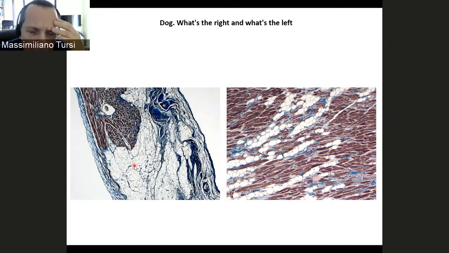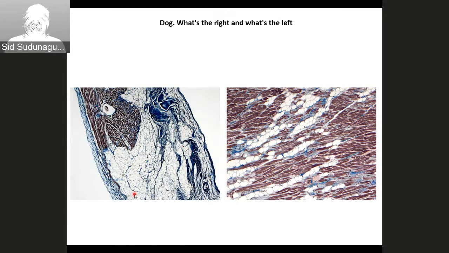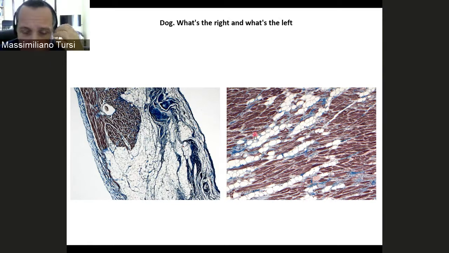It is not like the picture on the left side, of course. Do you mean the orientation is different? Not the orientation, because now the most important finding is the quantity of adipose tissue.